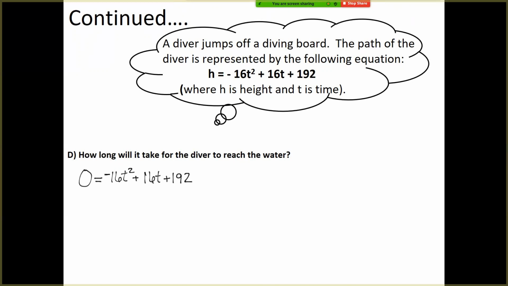And like I said earlier, if I would put this into my asterisk to factor it, since we already have 0 on one side, you're going to end up with crazy large numbers that we don't want. So to get rid of that, we're going to divide by whatever number is sitting in front of t squared, in this case, negative 16. So every single term all the way across, divided by negative 16. Again, that's just going to make our lives easier.